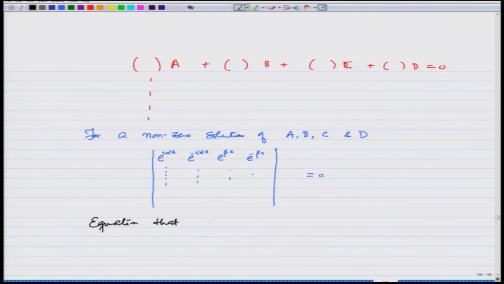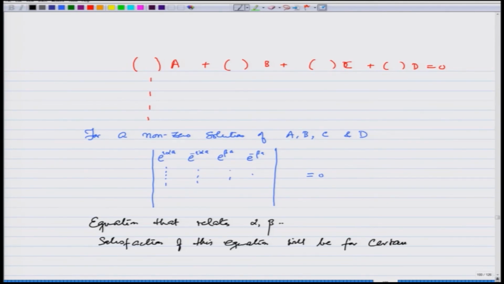that relates alpha, beta and so on, and satisfaction of this equation will be for certain values of E for a given k.